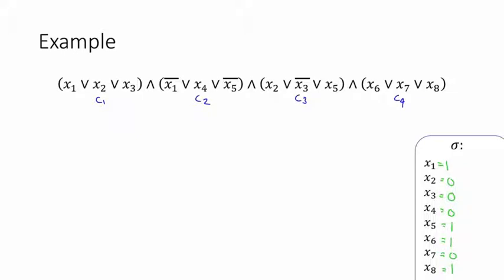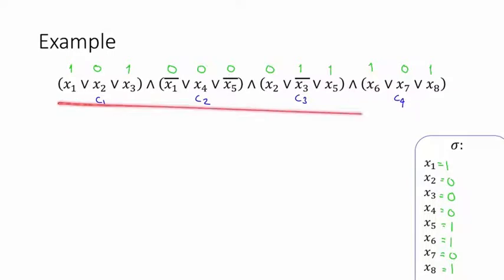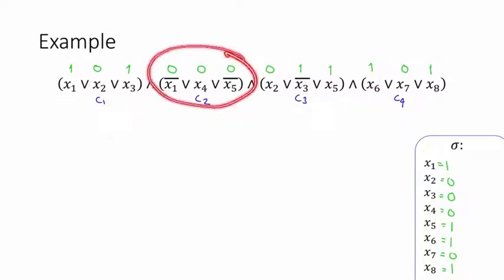And I'm going to write the values of the literals on top here: 1, 0, 1, not x1 is 0, x4 is 0, not x5 is 0, and so on. So the first thing we do is we look for unsatisfied clauses. This one is unsatisfied. This is the first one that's unsatisfied.